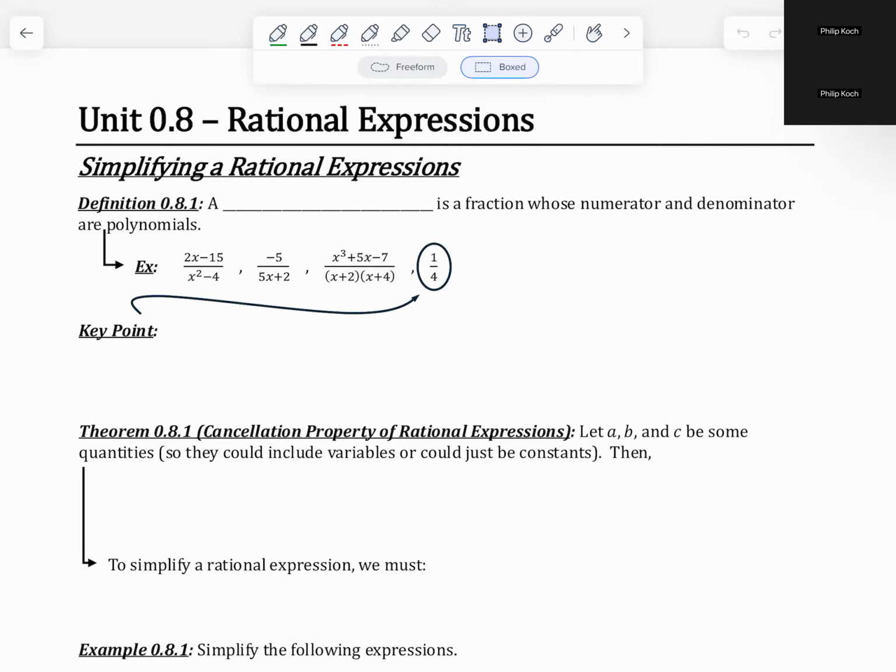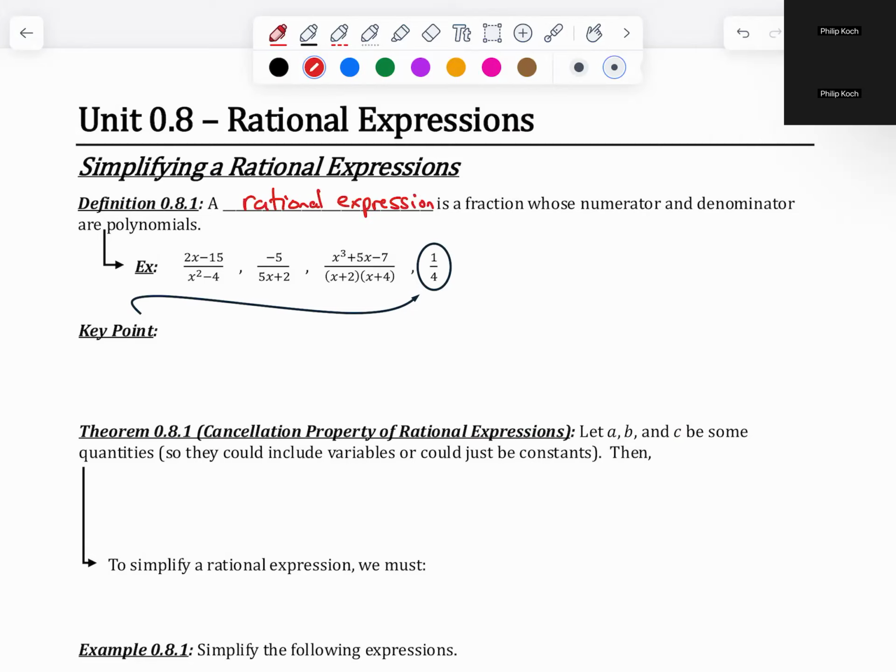Rational expressions. A rational expression is a fraction whose numerator and denominator are polynomials. That's the reason why we are studying it here, it's a new application of polynomials.